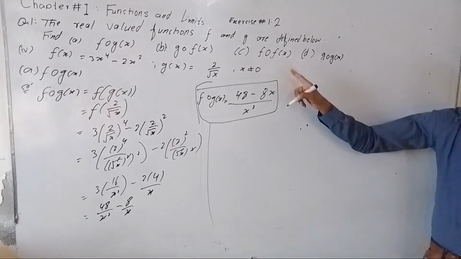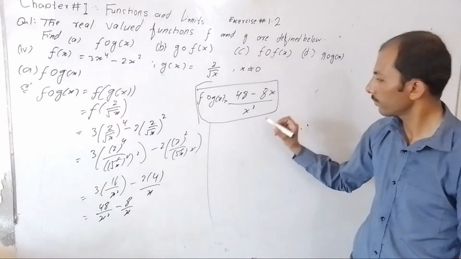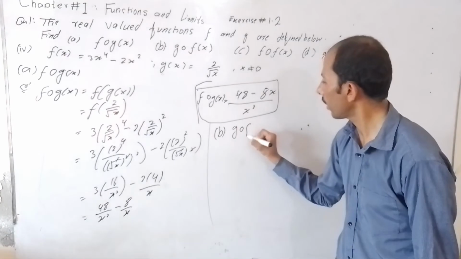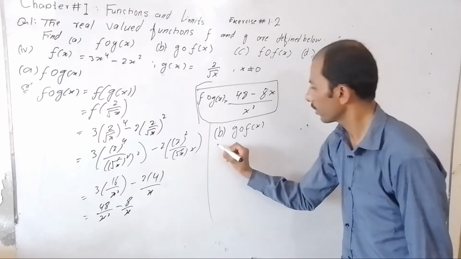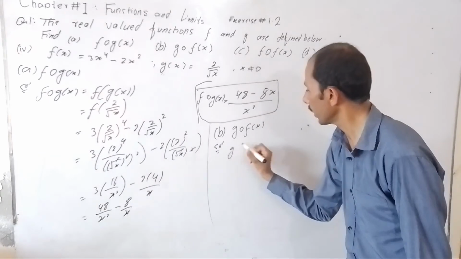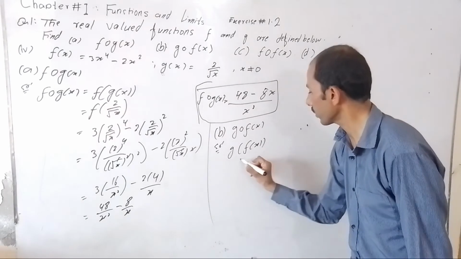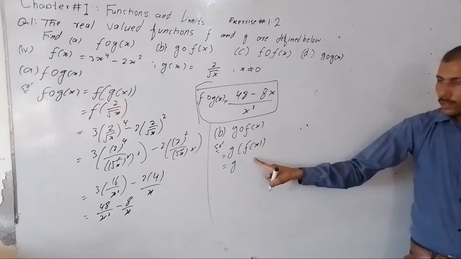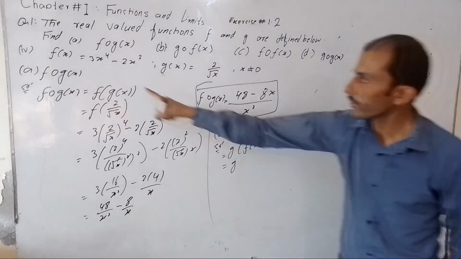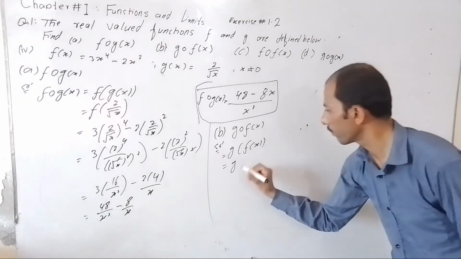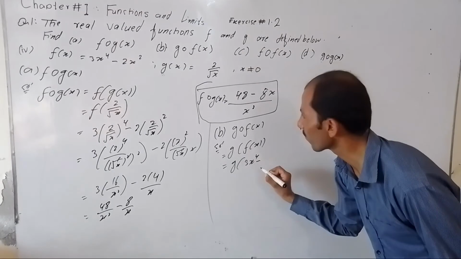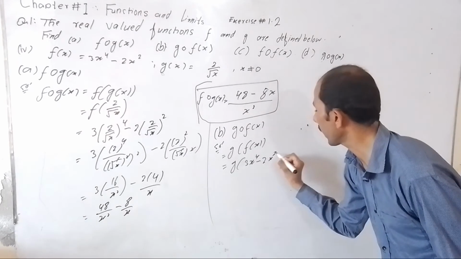Next, part b: g of f of x. Solution: g into f of x is equal to g of f of x. f of x is equal to 3x power 4 minus 2x squared.